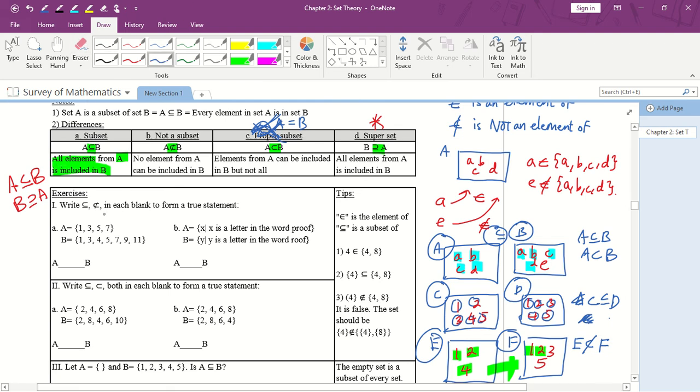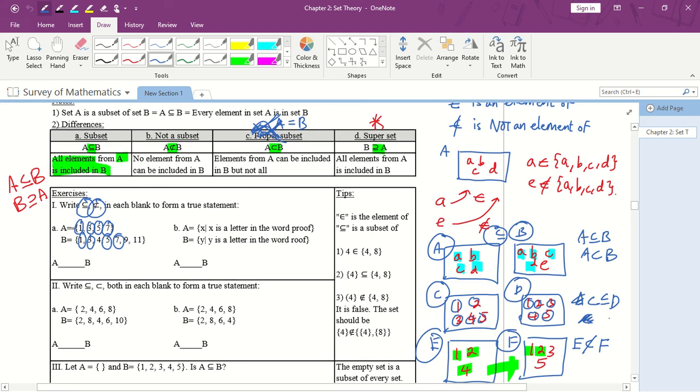So let's talk about this one. Write subset or not a subset in each blank to form a true statement. Try to look at the question. A is 1, 3, 5, 7 and B is 1, 3, 5, 7.